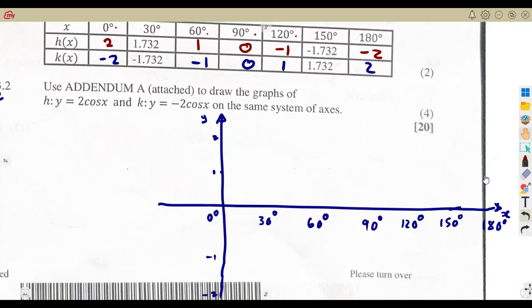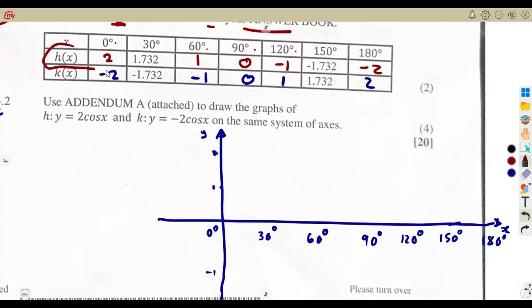Let's start with H. This one for HX. So you just have to mark these values: 0 versus 2, 30 versus 1,7, something, just an approximation. Maybe it's somewhere there. Then 60 versus 1, maybe somewhere here. 90 versus a 0. 120 versus -1, maybe somewhere there.